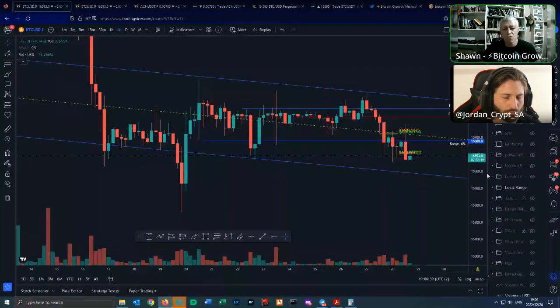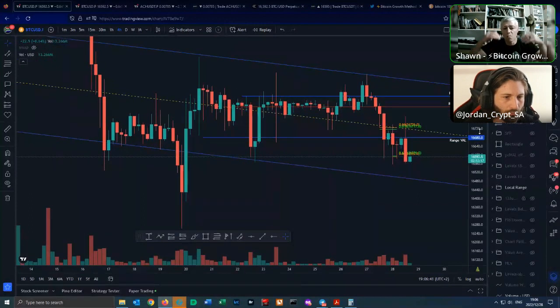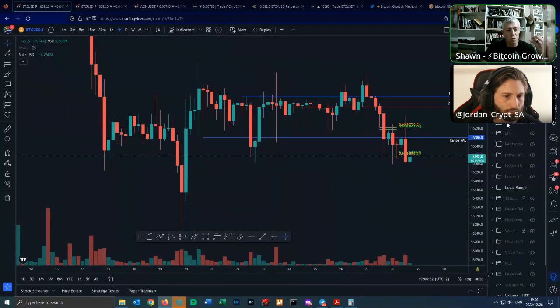It's been tradable, but the movements haven't been that large. And I think this is where a lot of people really get unstuck. They see price moving in these smaller ranges, they enter large positions, they get impatient, and they end up getting taken out by the chop.